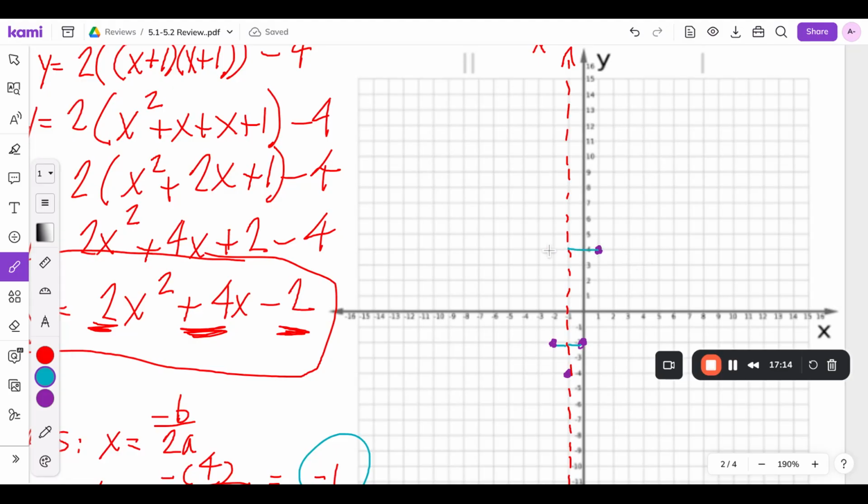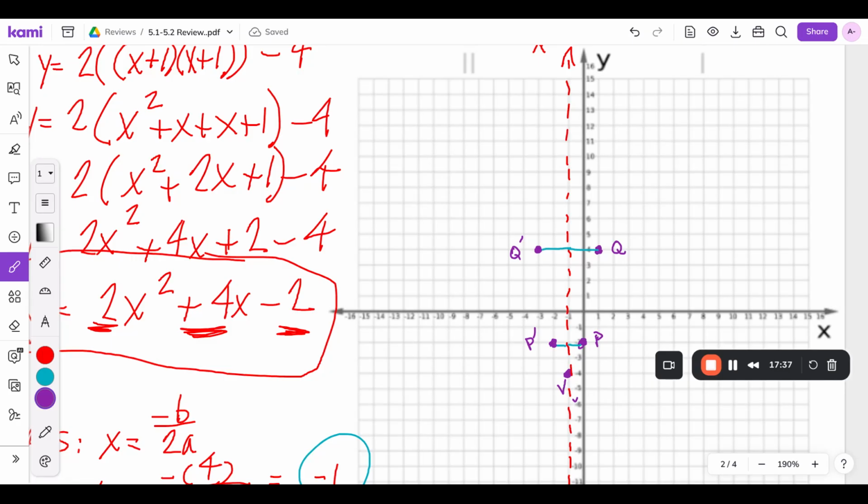That's 2 units away from the axis of symmetry. The corresponding point is 2 units on the other side of the axis of symmetry. And so that would be that point right there. Remember, this was Q. This is Q prime. This was P. This was P prime. This is your vertex.